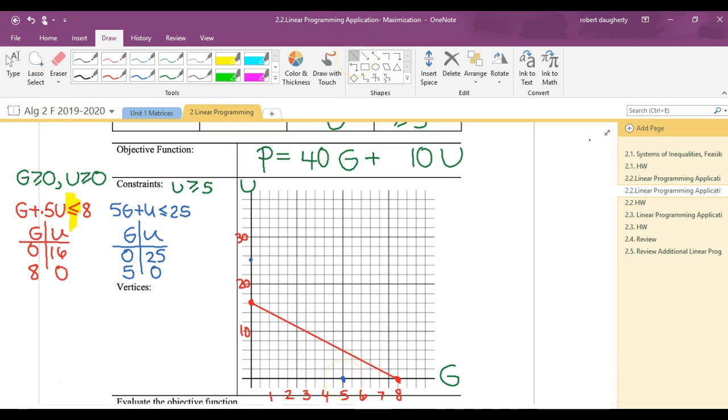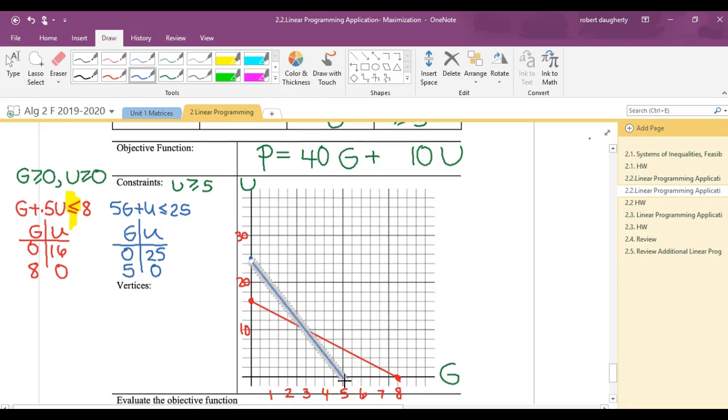If I connect those two dots, I will be shading below that line. So shading below that line.